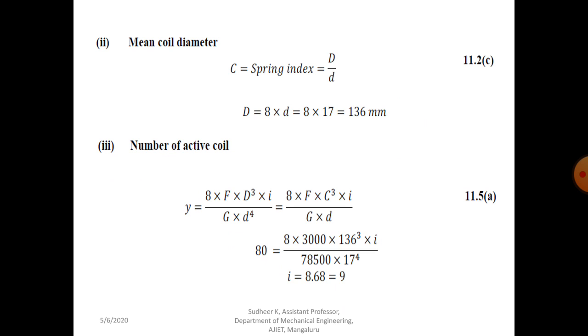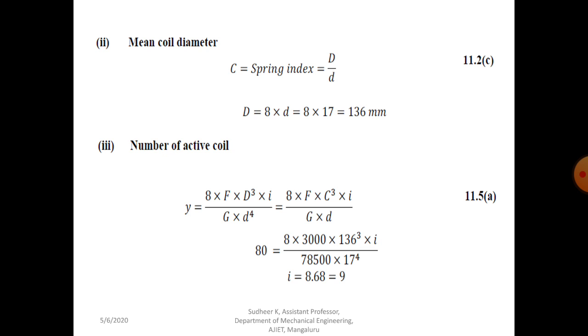What we discussed in the last class, we have four important types of coil ends, that is plain end, ground end, square or close end, and square and ground end. These four coil ends form the end of the helical spring, and we call them end coils or inactive coils.